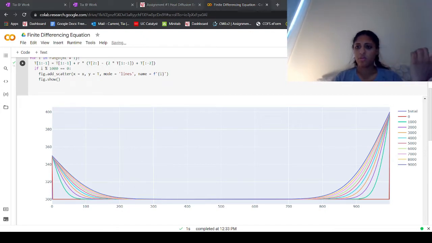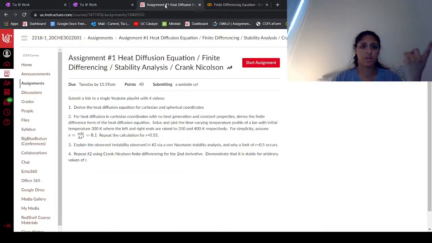So now we're going to do the next part, which is the von Neumann stability analysis.